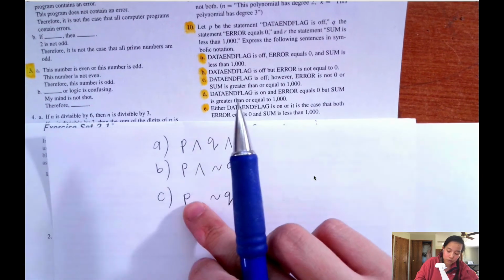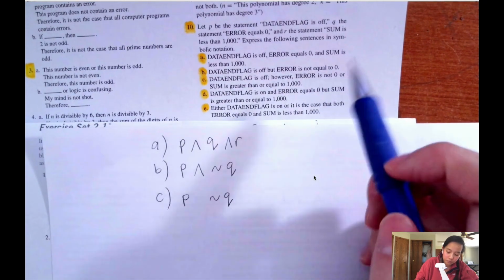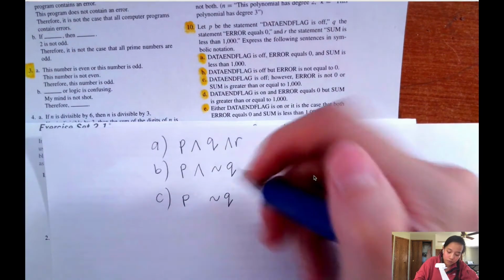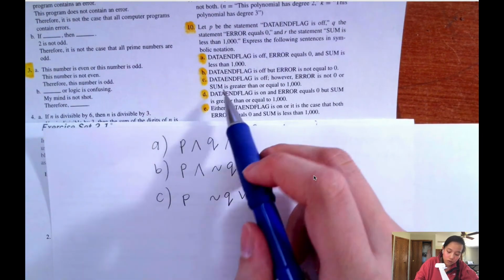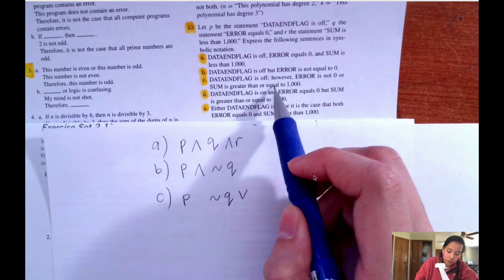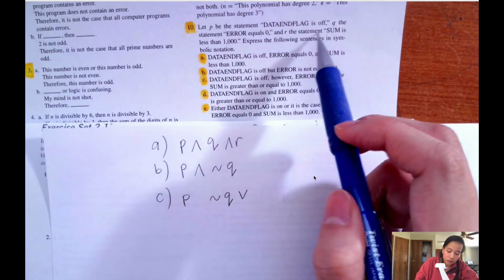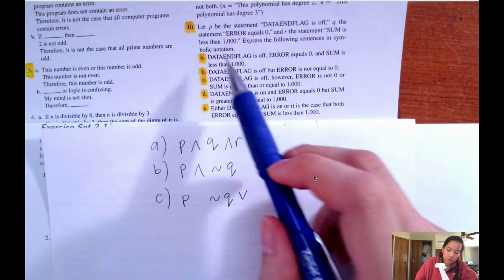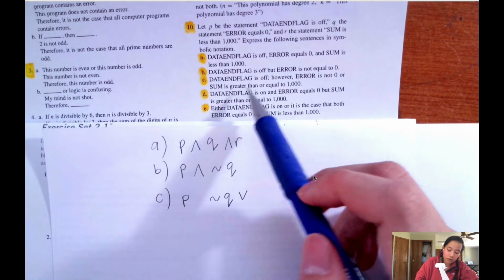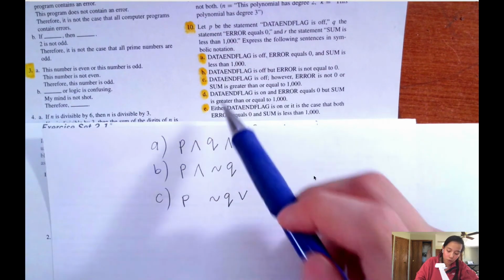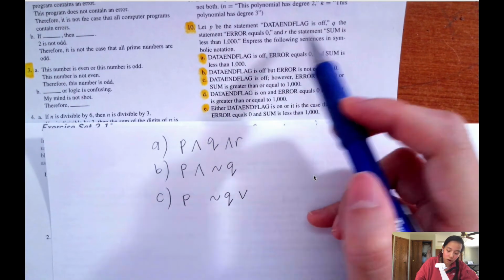I'll come back. So error is not 0, okay, not Q, or symbol, or sum is greater than or equal to 1000. R says sum is less than 1000, and the opposite of a less than is greater than or equal to. So what will go after the or symbol is the negation of R.